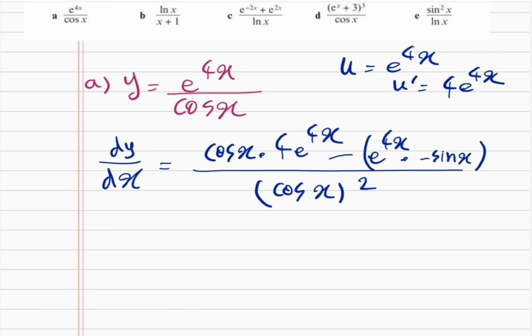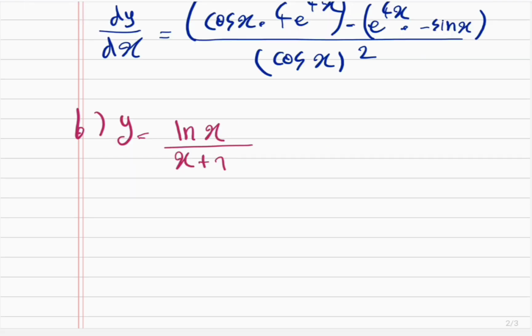And yeah, you can simplify this. It's up to you, but I will just leave my answer in this form, because normally in quotient rule questions you are going to get some very messy fractions, and most of the times they don't ask for a simplified answer, so you can just save a bit of time and just move on.